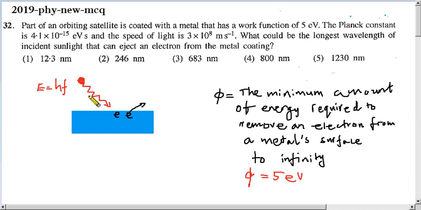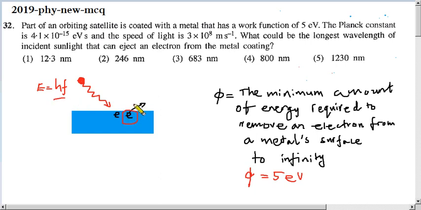When this wave is incident on this surface of metal, two things happen. One is breaking the bonds of this electron using this energy.